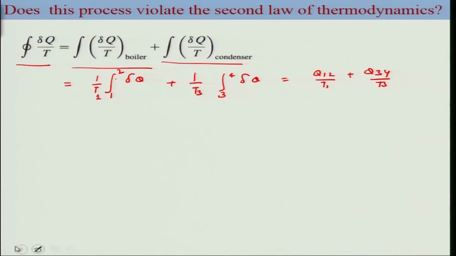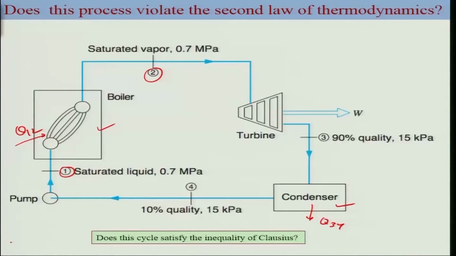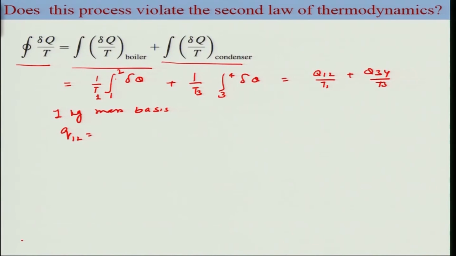Now considering a 1 kg mass basis, we can write Q12 simply, because this is saturated liquid and this is saturated vapor, as the change in enthalpy between the vapor and the liquid, because this is a steady flow device. In that case we have to make use of the control volume expression. So this is nothing but H2 minus H1.